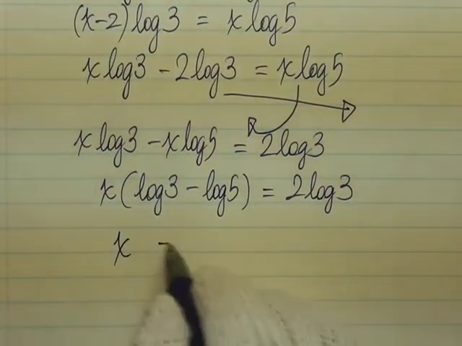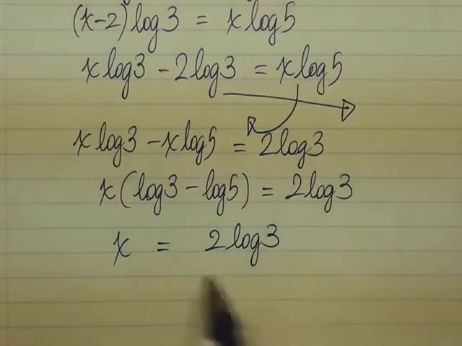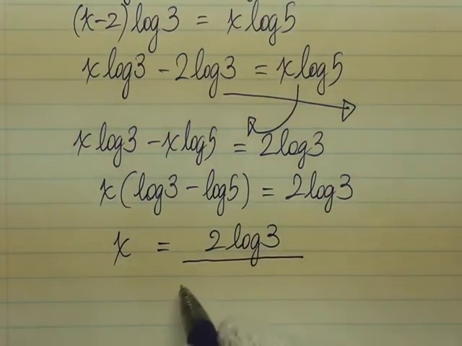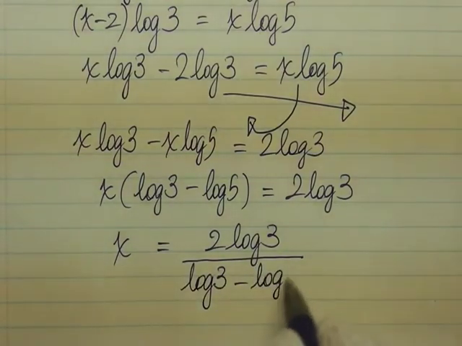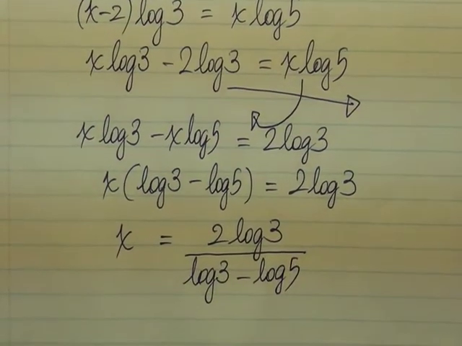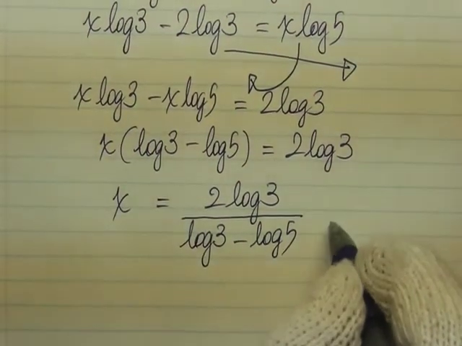And so x is equal to 2 log 3 divided by (log 3 minus log 5). That's the exact value.